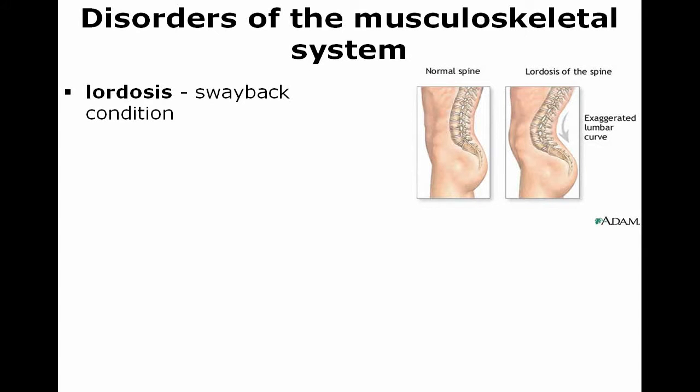When a patient has lordosis, that lumbar curve, like I said, the word exaggerated, it's truly curved to the point that the person is looking like they're holding their back further back, their shoulders further back. Now, when you look at the conditions that may result in lordosis, you understand that better.